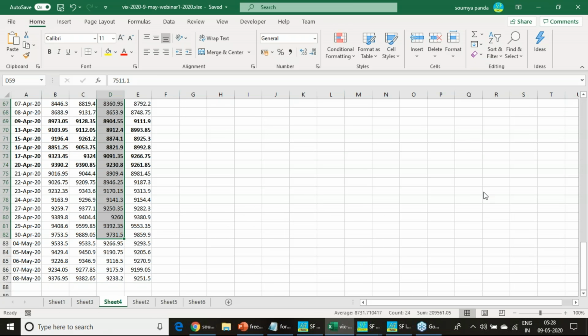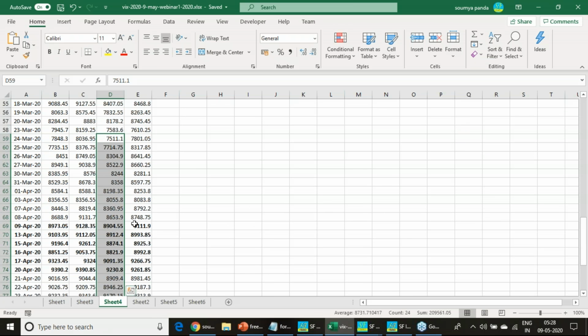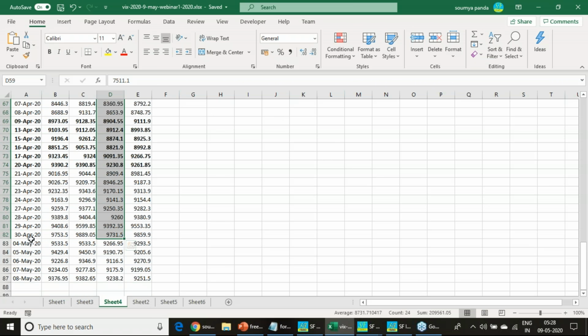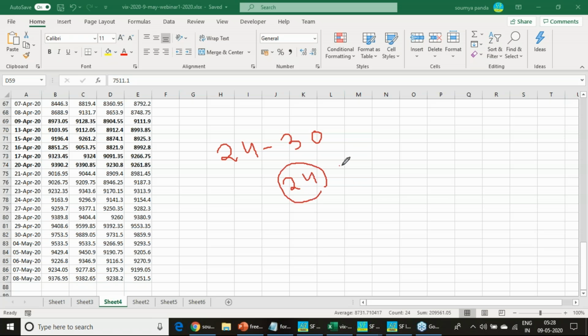This is the reversal date, 30th April. So note down these dates: 24th March to 30th April. That is 24 trading days.